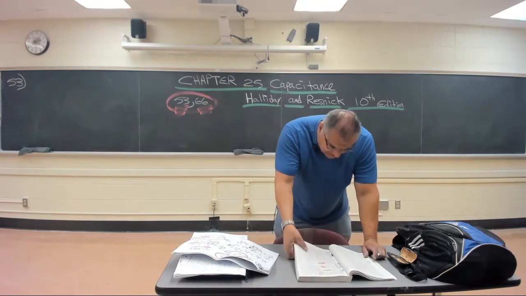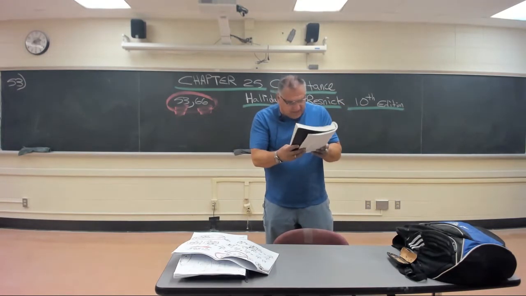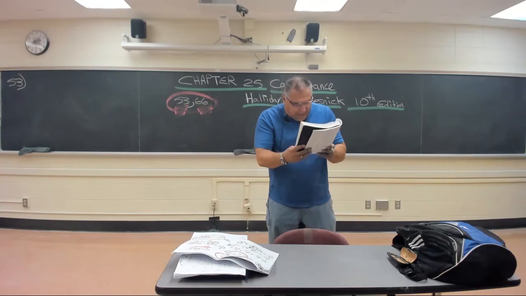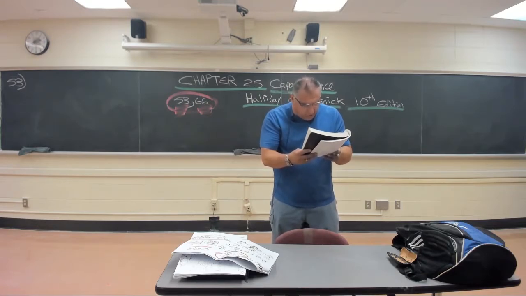I'm sorry, forgive me. Every time I look at this problem, I never read it right. But basically, A, what is the capacitance before the slab is inserted? B, what is the capacitance with the slab in place? C and D, what is the free charge Q, before and after the slab is inserted?